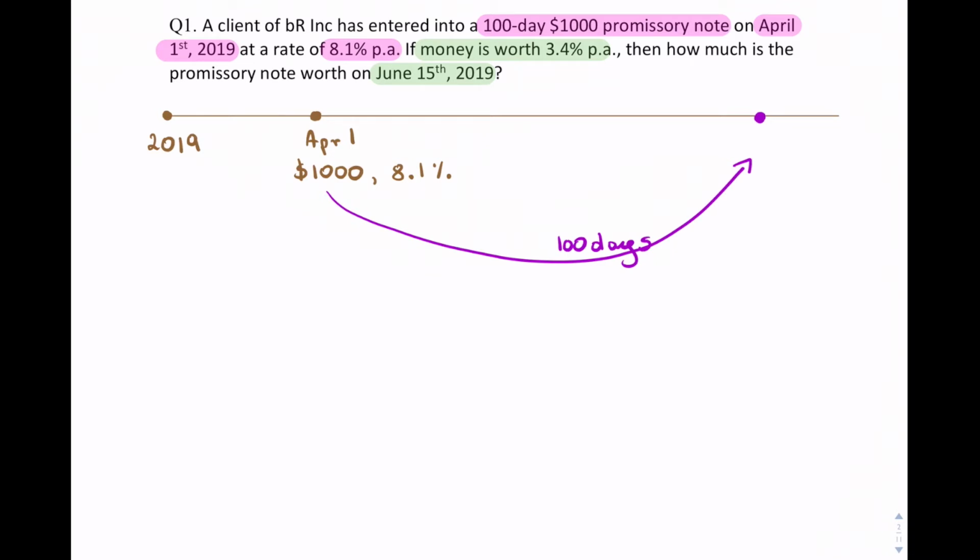Okay, so let's do that. Let's call this number 1. This is simple interest, so it's a promissory note.